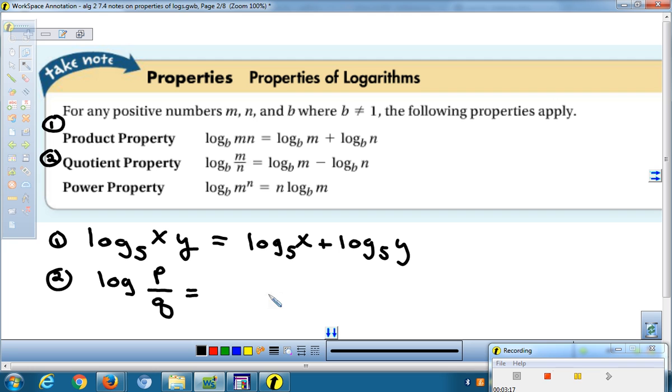So what base is that? That is log base 10. You don't have to write it. You can write it if you wish, but it would be acceptable if you just said that is the same as log of P minus log of Q.